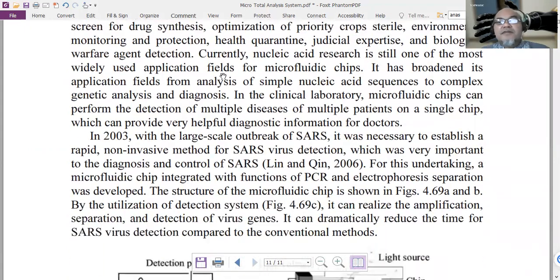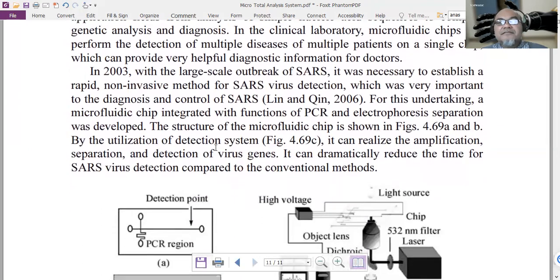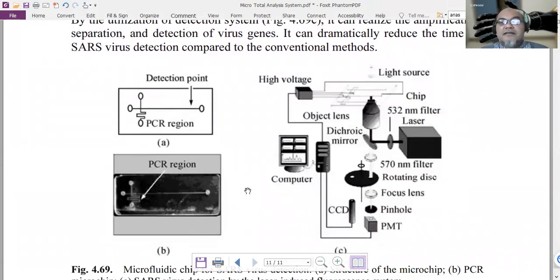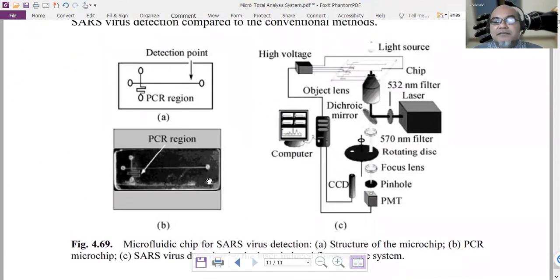So when this book was written, it was still with SARS-1 in 2003. They developed here a non-invasive method for SARS virus detection using a portable or miniaturized PCR microchip like this.